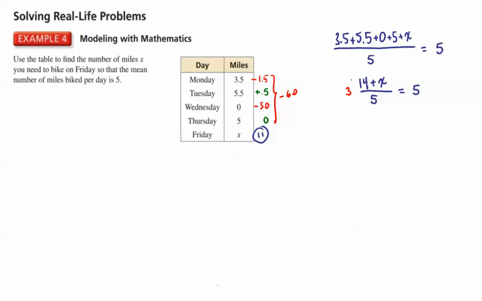We're then going to multiply both sides by 5. When we do, those 5's cancel.